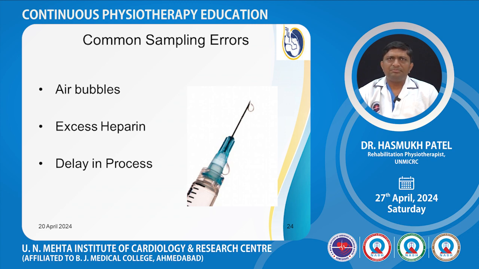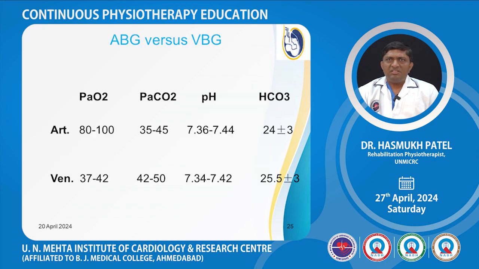ABG report. Now ABG versus VBG, these are the common values in arterial blood and venous blood. There is a change in PO2 and PCO2 in arterial and venous blood. There are minor changes in pH and HCO3 between arterial and venous blood samples. The normal value of PO2 in arterial blood is 80 to 100, whereas in venous it is 37 to 42.